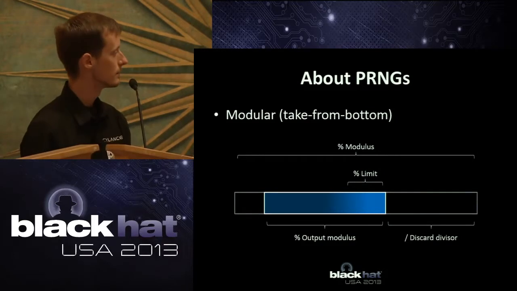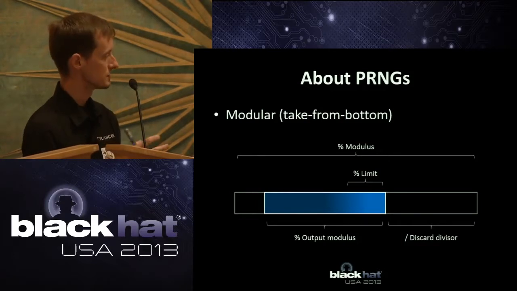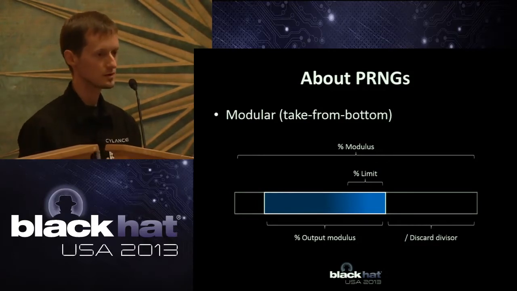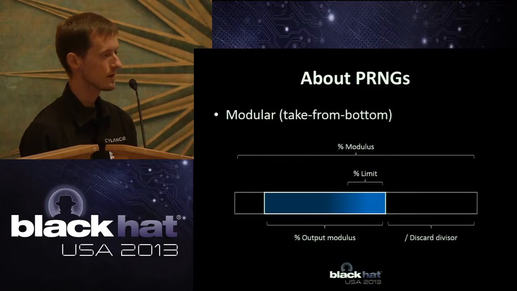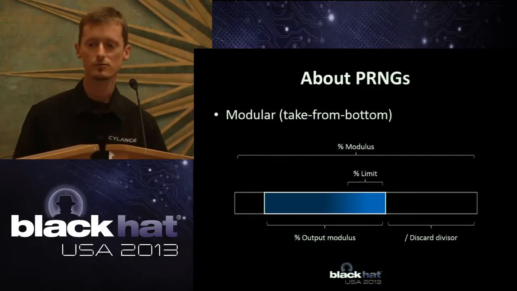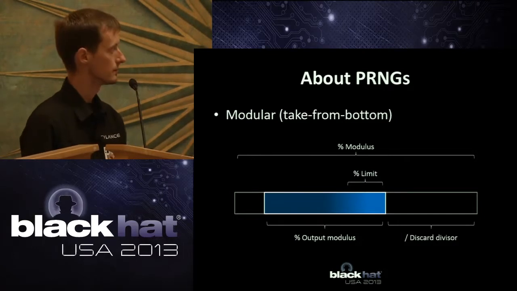The modular mode, we've got a few different things going on here. The big rectangle is the raw pseudorandom number. Usually that's just the state, pulled directly out of the PRNG and then fed back to the application. But sometimes there are a few transformations that happen. And of course, an important number here is the big modulus. That confines the entire range of pseudorandom numbers that might come out. So say, for this modulus, the numbers might range from 0 to modulus minus 1.